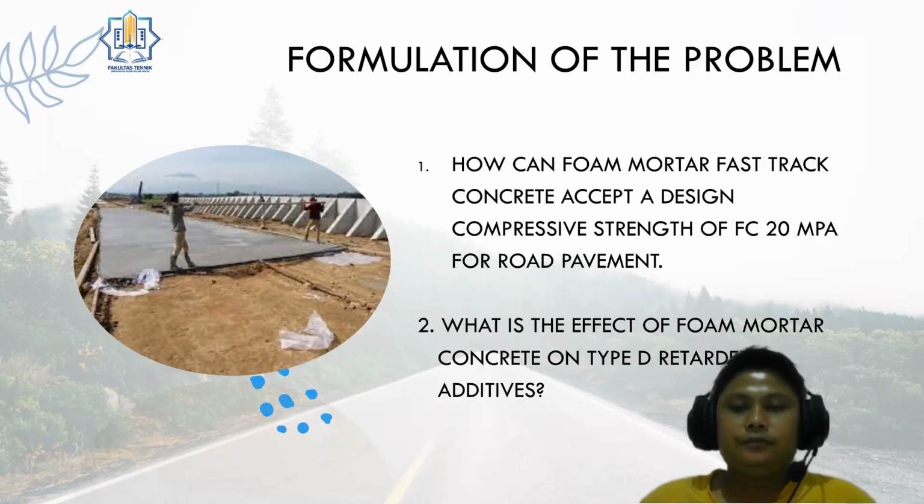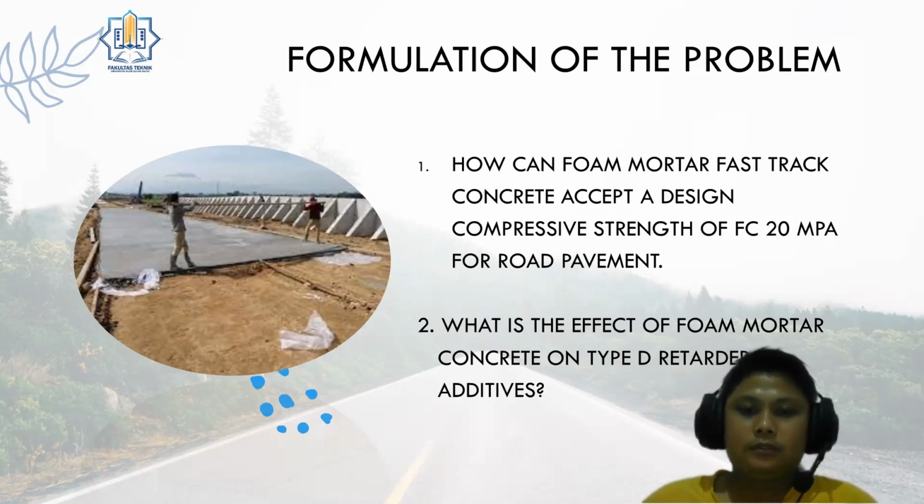The age for this foam is 3 until 5 days. We can use this foam, or probably we can know this compressive strength of the mortar in 3 days. What is the effect of foam mortar concrete on the retarder activity?